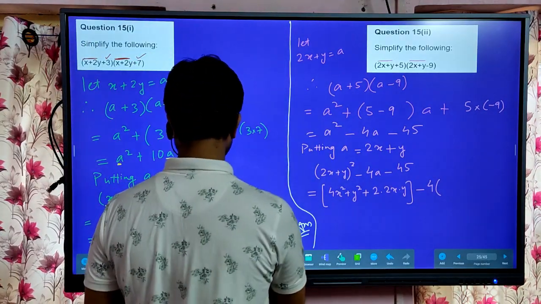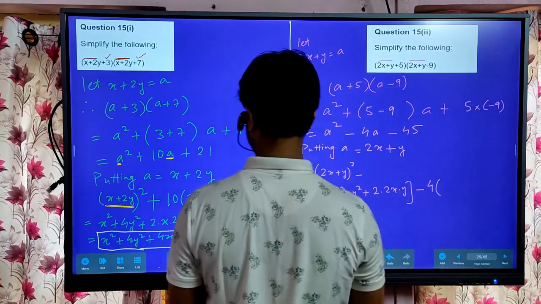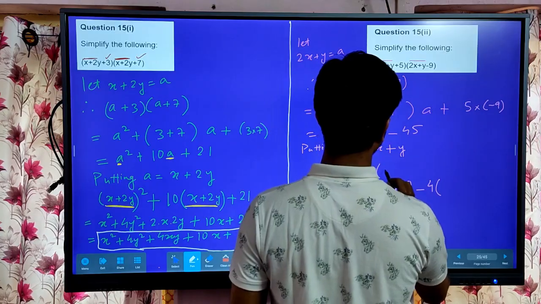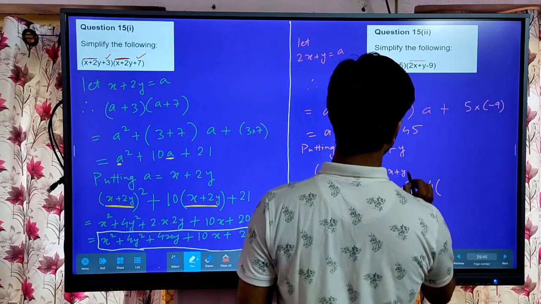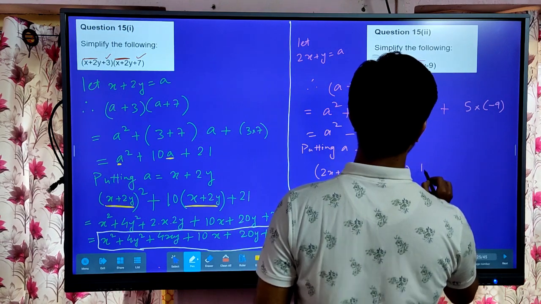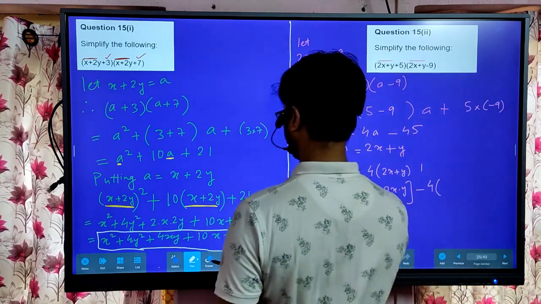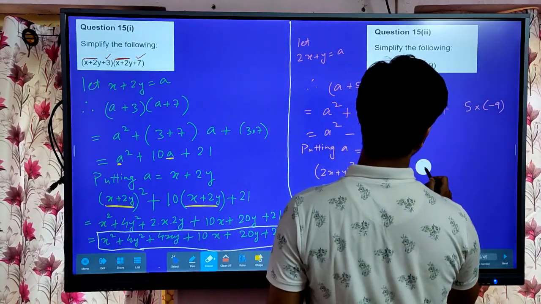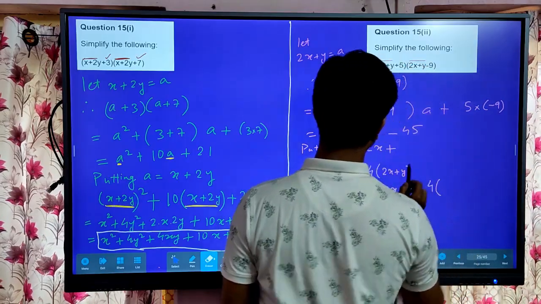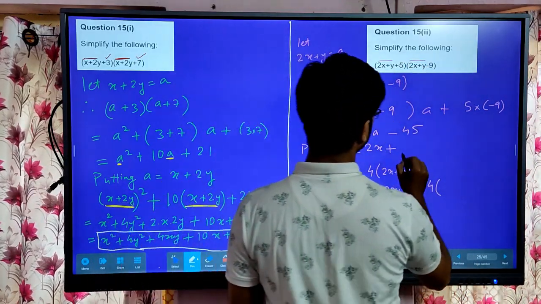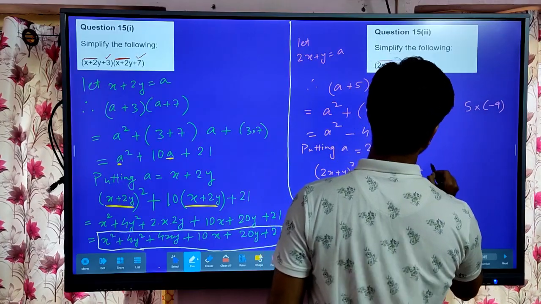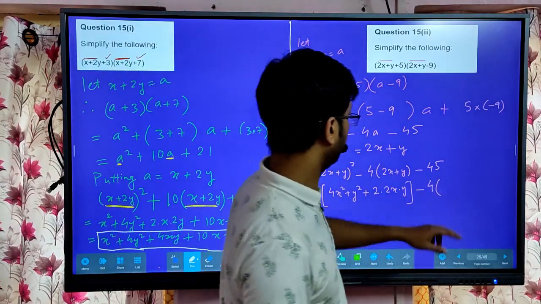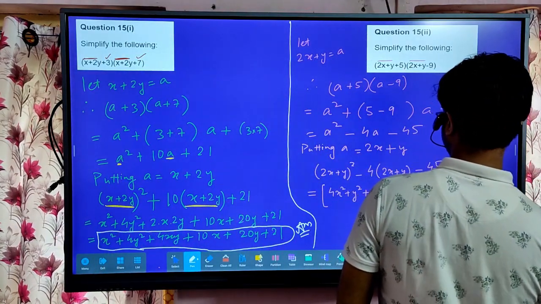Sorry, I have made one mistake. I have to write this: 4 into, here also it will be 2x plus y, then minus 45. So it will be like this, 4 into 2x plus y.